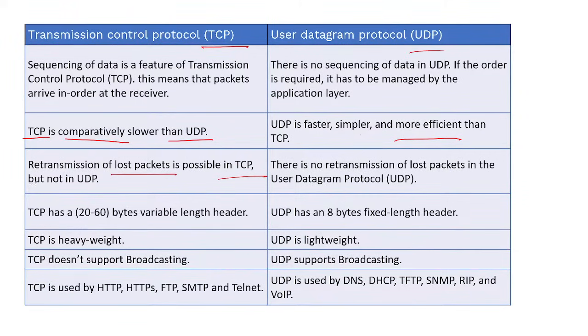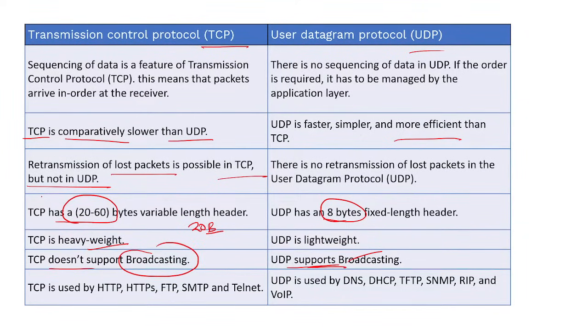The TCP header is fixed at 20 bytes and can go up to 60. We will work on the header also, it is a very important question. But for UDP it is very small, only 8 bytes. That's why TCP is heavyweight and UDP is lightweight. TCP does not support broadcasting, and UDP supports broadcasting.